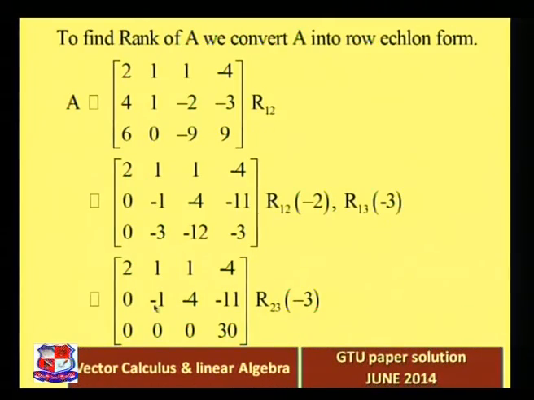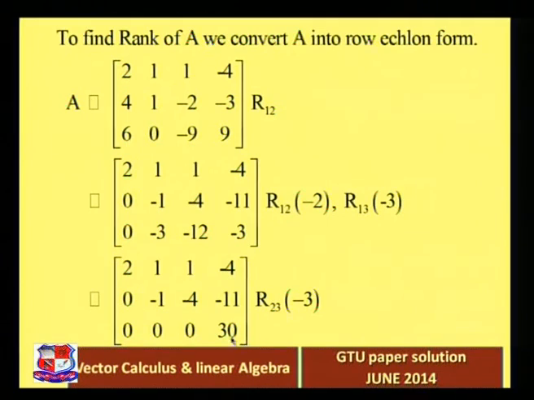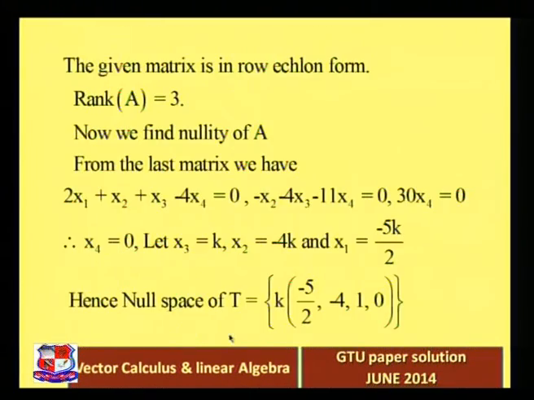Now from the second row, minus x2 minus 4x3 minus 11x4 equal to 0, and from the last row we have 30x4 equal to 0. So finally we get x4 equal to 0.